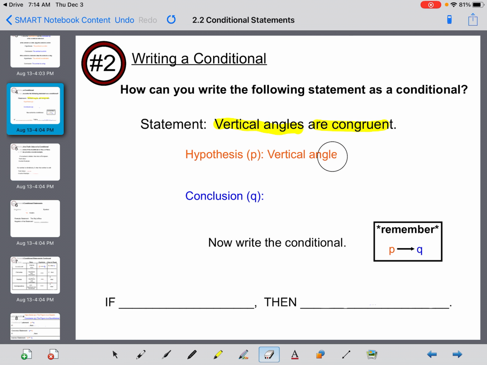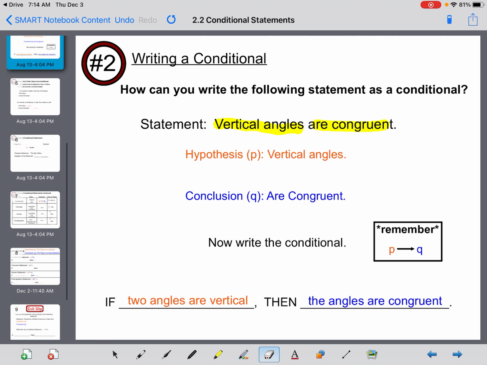Your hypothesis is vertical angles. The conclusion is that they are congruent. So if we were to write this, if P then Q, if two angles are vertical, then your conclusion would be the angles are congruent. All right, so that's how we write conditional statements.